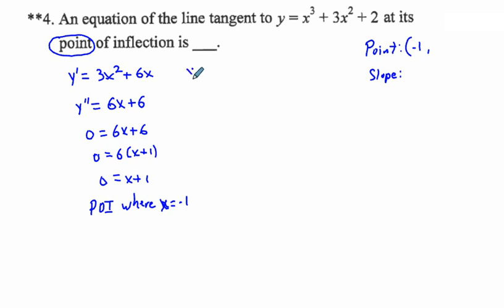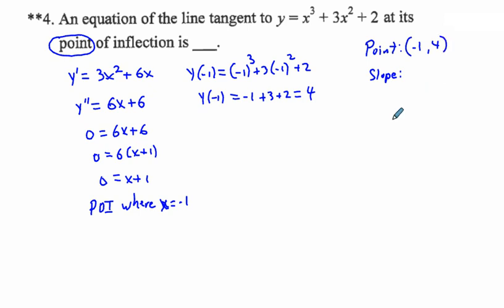So y of -1 is equal to -1 cubed plus 3 times -1 squared plus 2. And so y of -1 is going to be -1 plus 3 plus 2, which is going to be 4. So we have our point is (-1, 4).